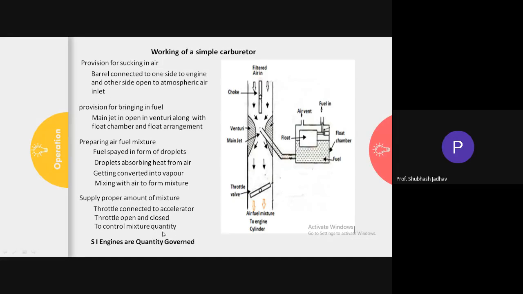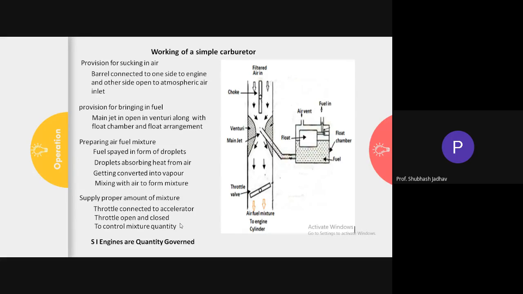The quantity is varied when we push the accelerator. When you press the accelerator more, more quantity of mixture goes into the engine. When you press it less, less quantity of mixture goes into the engine.